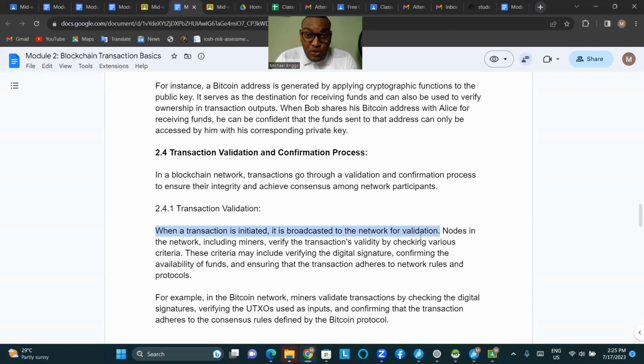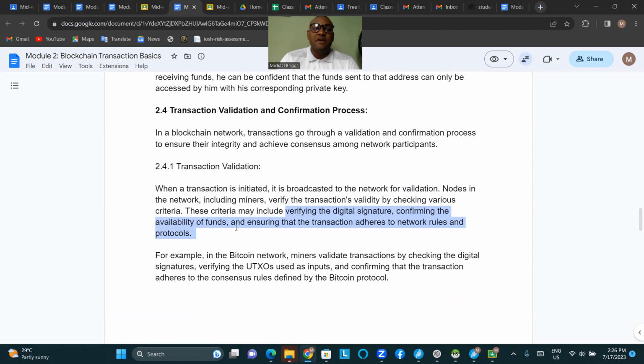And when we talked about nodes, we said nodes are computers in the network. So what do the nodes in the network, including miners, do? They verify the transaction's validity by checking various criteria. And what are these criteria? The criteria include verifying the digital signature, confirming the availability of funds, and ensuring that the transaction adheres to network rules and protocols. Okay. So this is how transactions are validated.